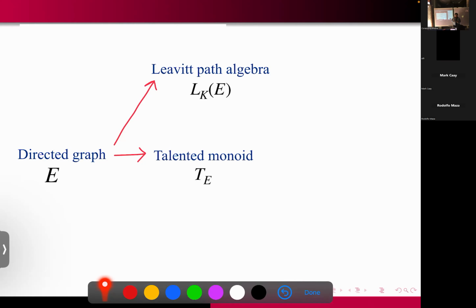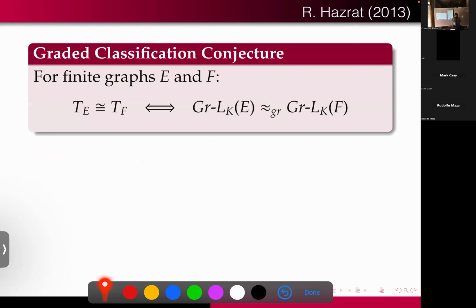There's a connection between Leavitt path algebra and talented monoids. And the question would be, how are we going to connect these 2 things? Are there things that are true here? Let's say a property P, then probably there's another property P prime that is true here, and this P prime should be related to the property P on the Leavitt path algebra.